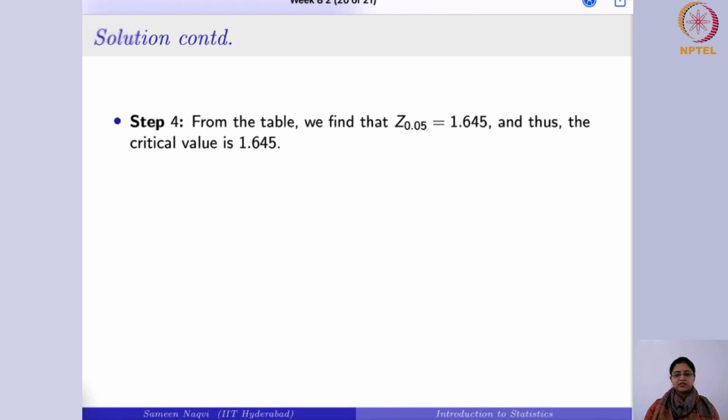Now if you look at the z alpha, alpha is 0.05. So if you look from the standard normal table, this z alpha comes out as 1.645. Because it is a right tail test, you will reject the null hypothesis if your z star is greater than or equal to your z alpha.